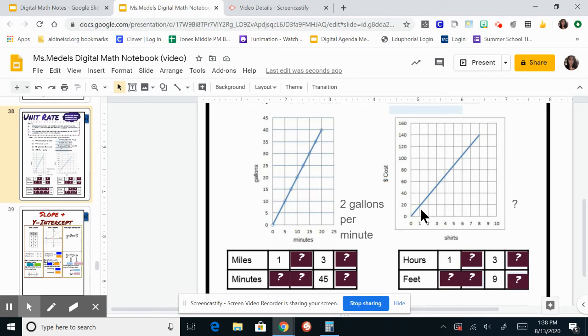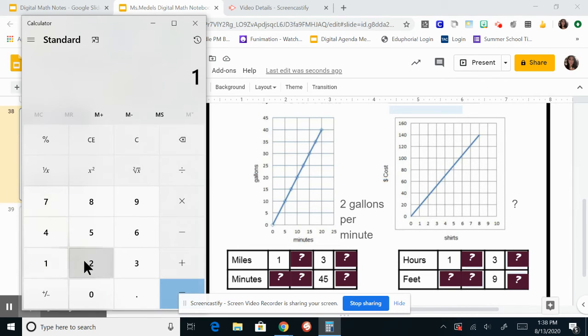Now on the second graph, here is my 1. But because I can't know with certainty, I'm going to go to where there is a perfect point, which is right here. So for $120, I can get 7 shirts, but I want to know how much I can get for 1 shirt. So again, I'm going to take my y, which was 120, and divide by the number of shirts, which is 7.